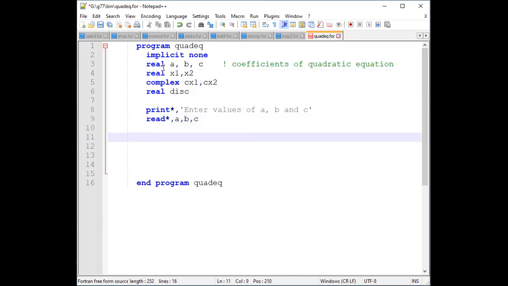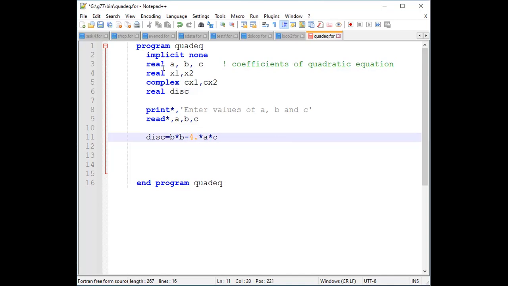Right. Now the calculation. Leaving a line means I'm doing a separate, distinct step. So here the documentation part should appear, right? So discriminant should be b squared. You can compute it as b times b, minus 4 times a times c, right?